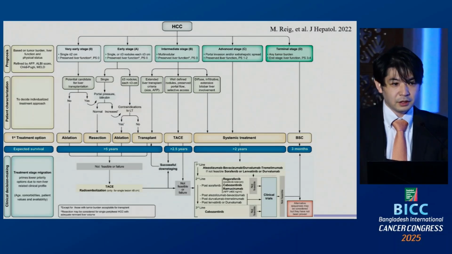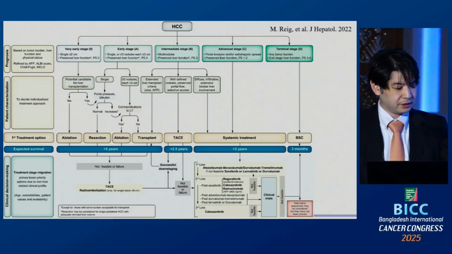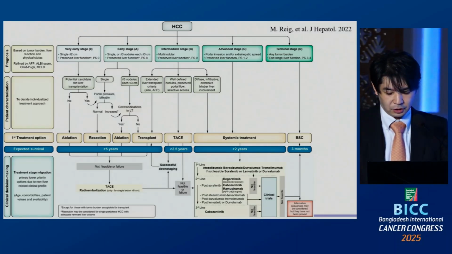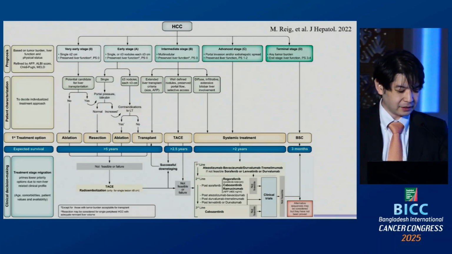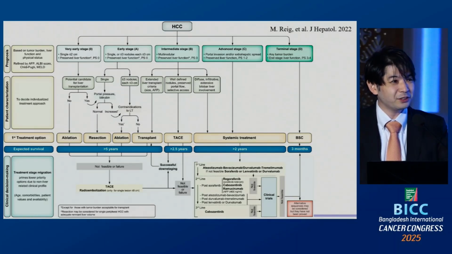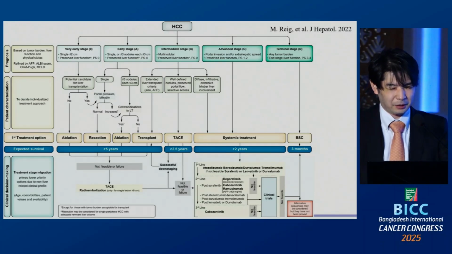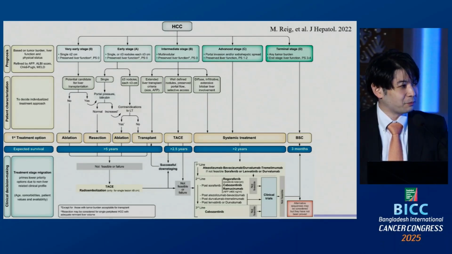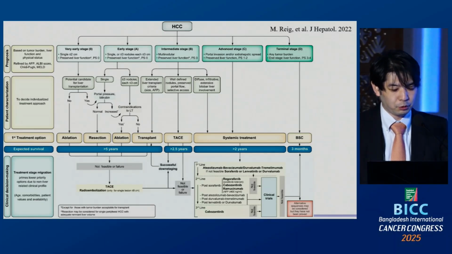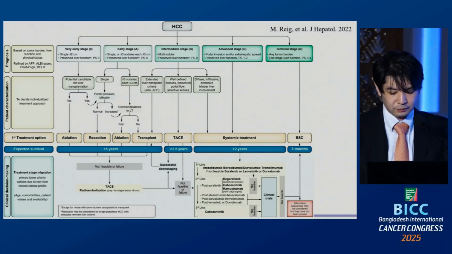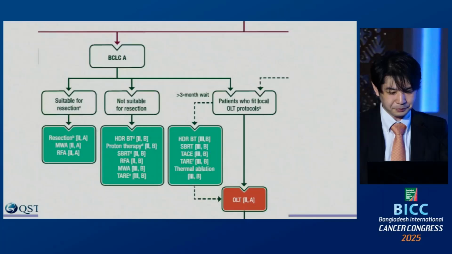But it still lacks the mention of radiotherapy. If you read the actual article itself, it does mention radiotherapy, SBRT, and a little bit about protons, but there is no mention in the flowchart itself. So, well, it's just minimal.